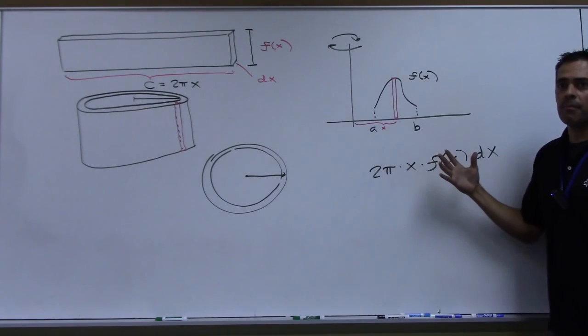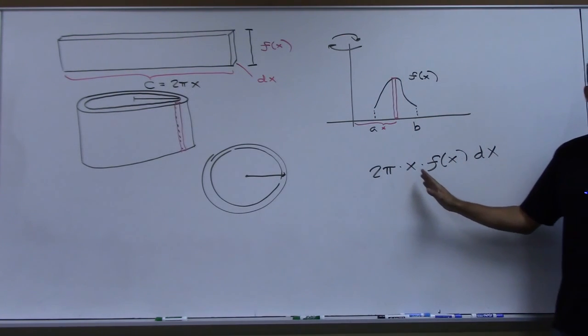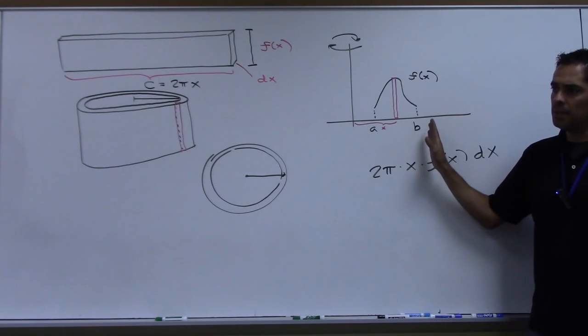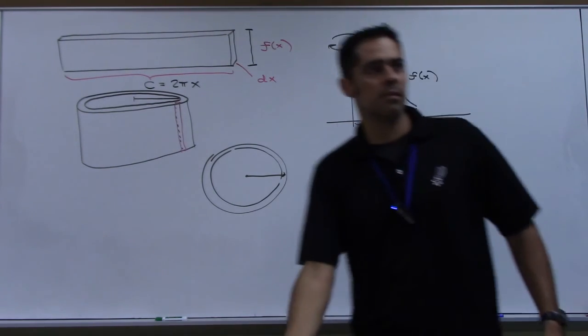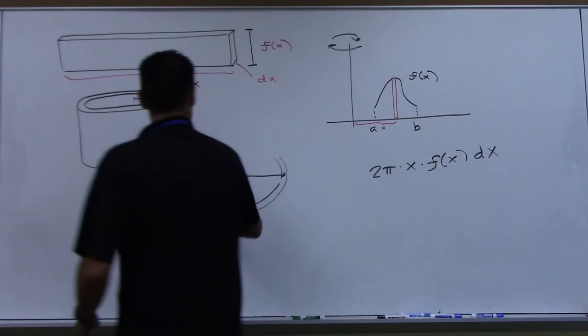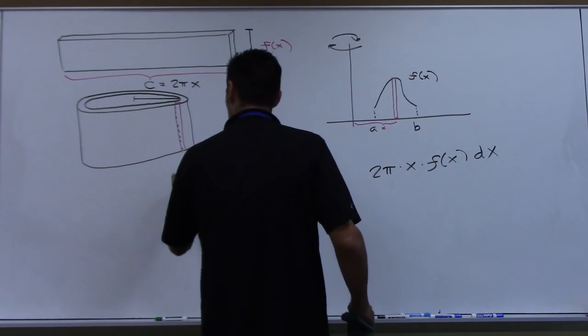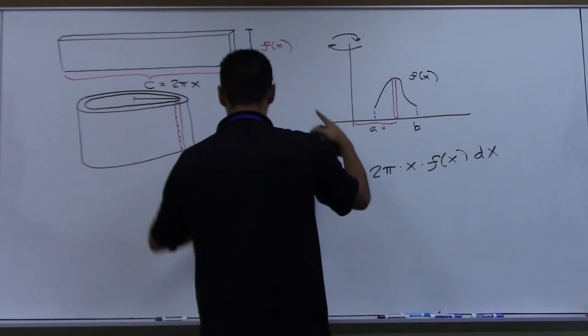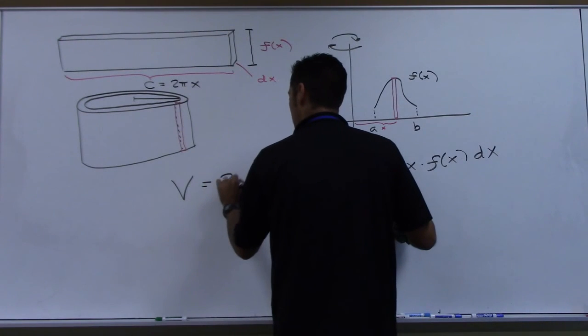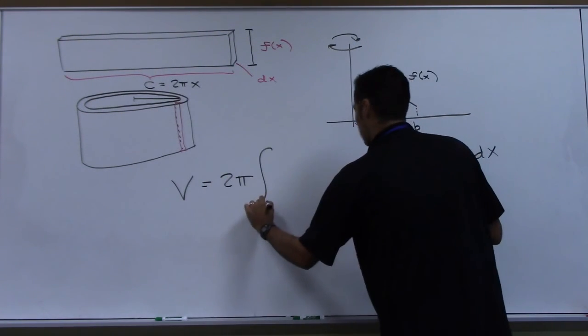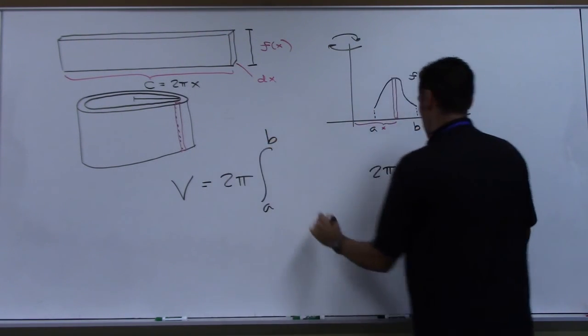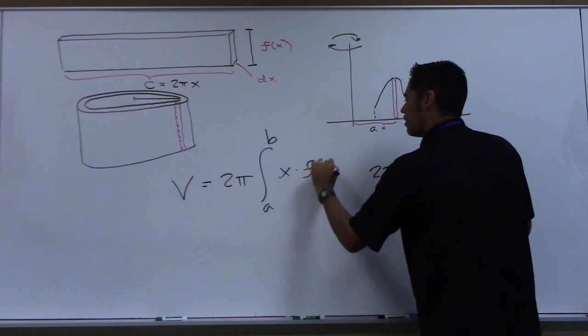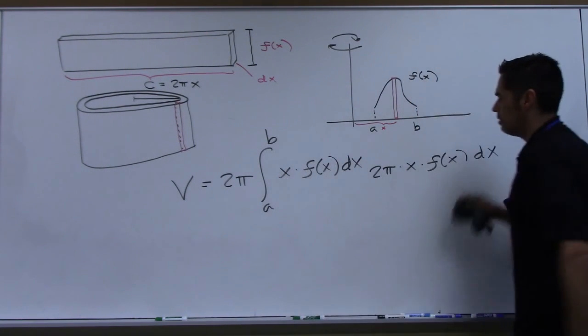Add them all up. And I want to let x vary between where and where? a and b. And this is the formula. The volume of this wrapped around the y-axis will be 2 pi, because it's a constant, integral a to b of x times f of x dx.